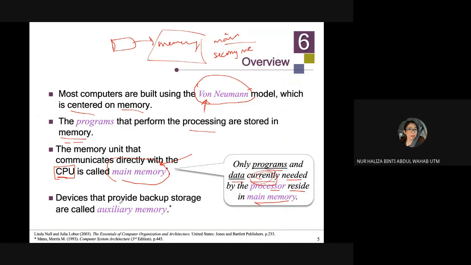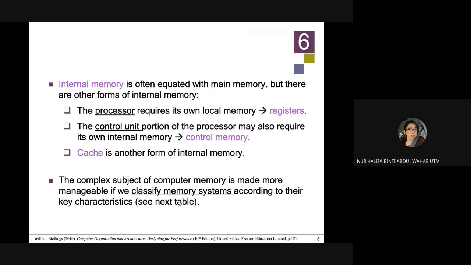So devices that provide backup store, you have a backup store. It's called auxiliary memory. Now you have a new term for memory. You also have internal memory. So you have main memory, internal memory, and auxiliary memory.